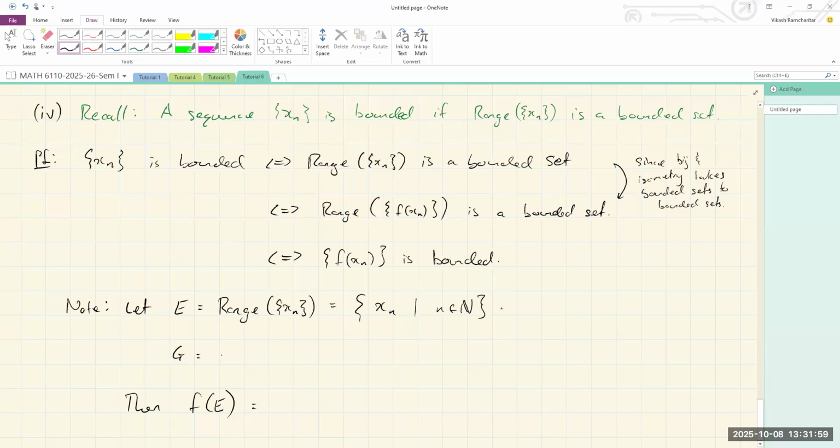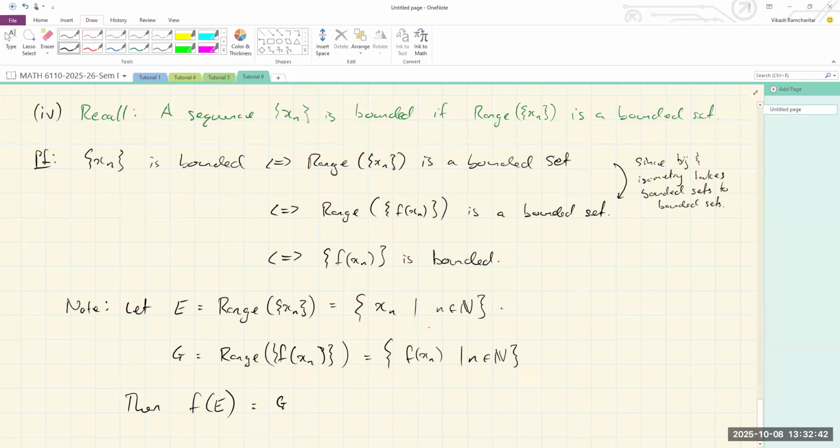Let's use G. So G is the range of this new sequence, where I apply f to every point in the original sequence, xn. So this is just the set of all distinct points f of xn, where again n is a natural number, not x. Okay, now I can write it. I claim that f of E is equal to G. That's what I was trying to say.